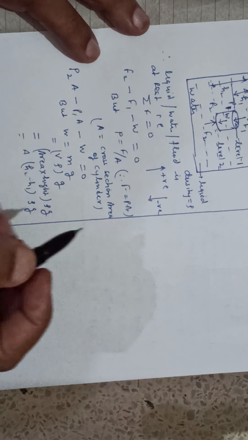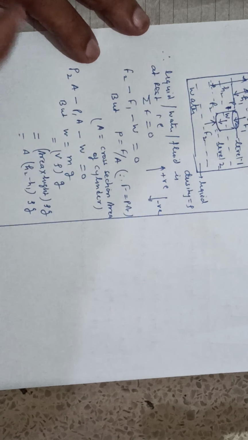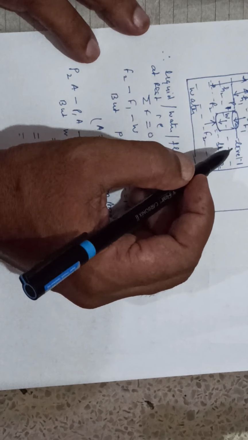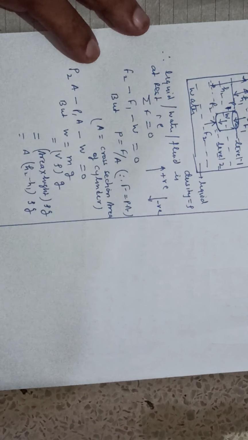So what is h1 here? h1 is the depth of level 1 from the air-water interface and h2 is the depth of level 2 from the air-water interface.